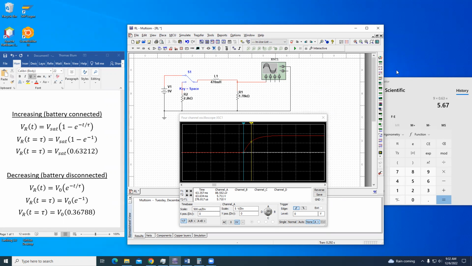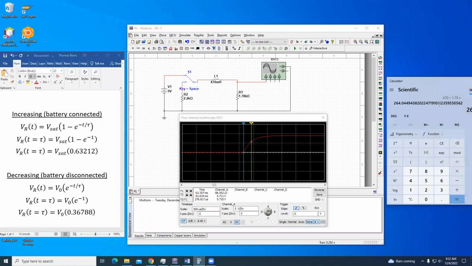And the time constant is L divided by R. So 470 divided by 1.78, and that is 264. And over here, I got 276. So a reasonable agreement between the theory and the simulation here.